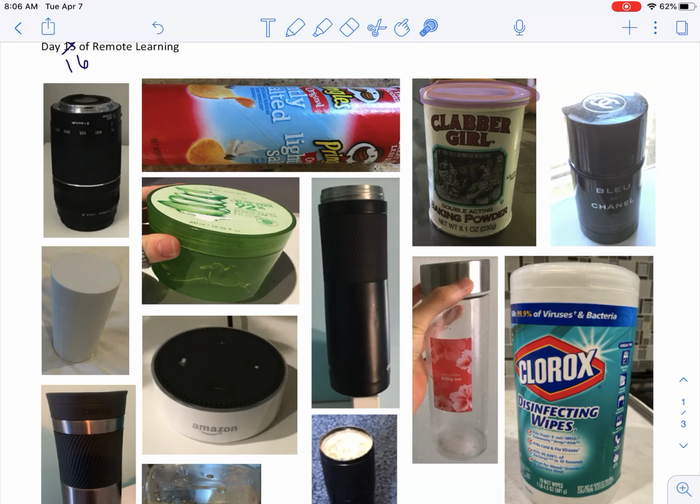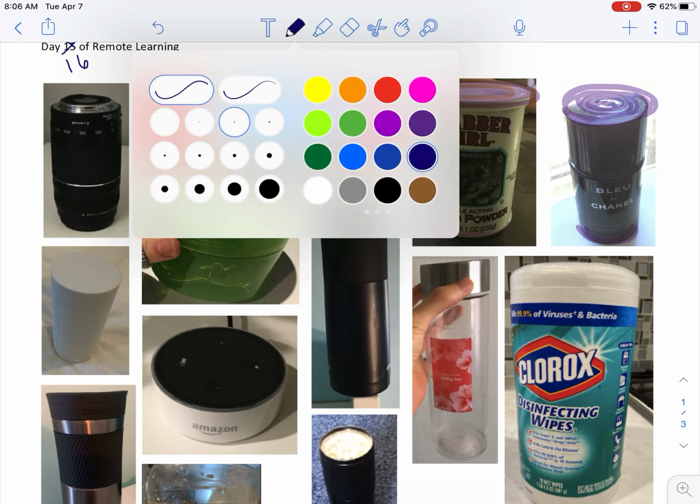And what shape is the base of a cylinder? Yeah, a circle. So all of these, as I move my way around, have bases, top and bottom. There are two bases that are circles.